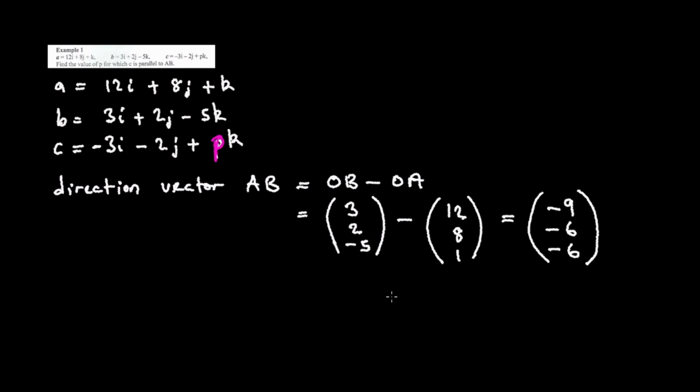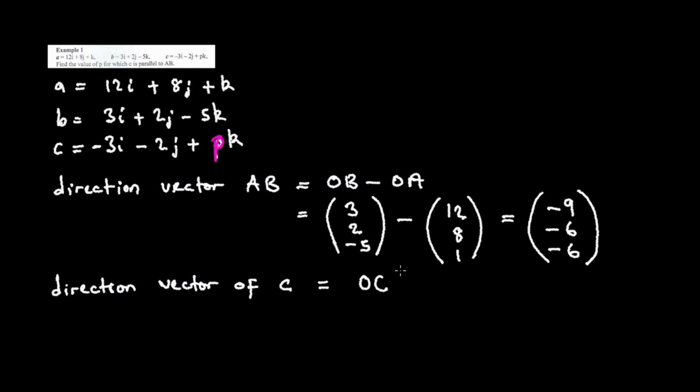Then our next step is to find the direction vector of C, because C is a vector. The direction vector of C is equal to OC. Because this is a position vector, it's automatically a direction vector.